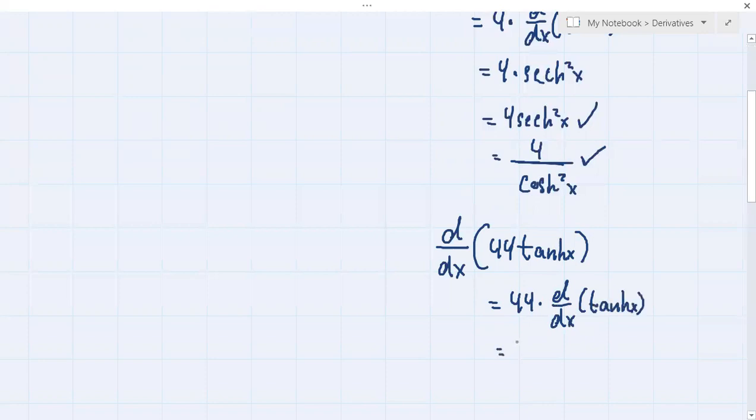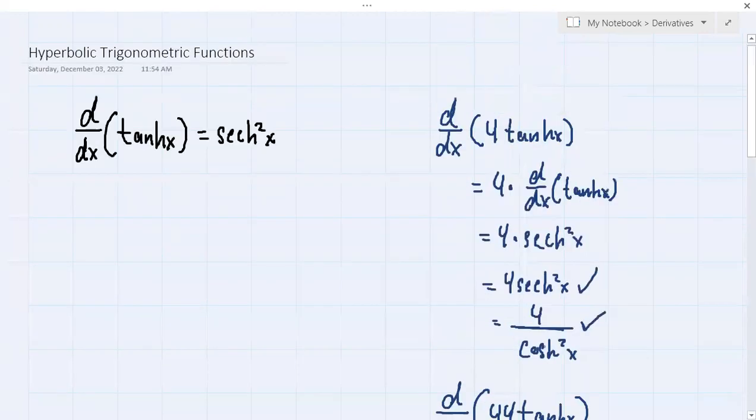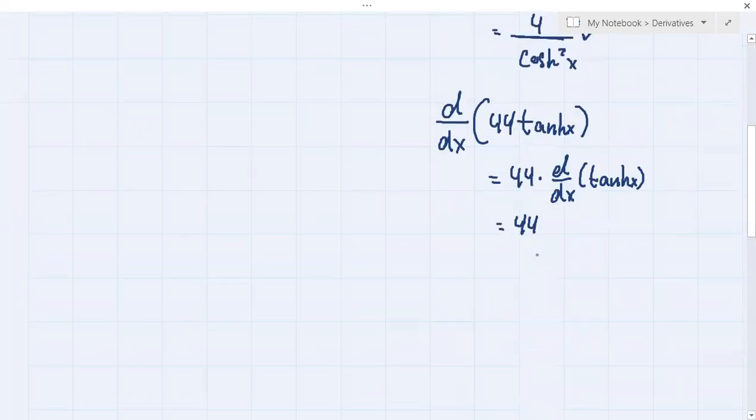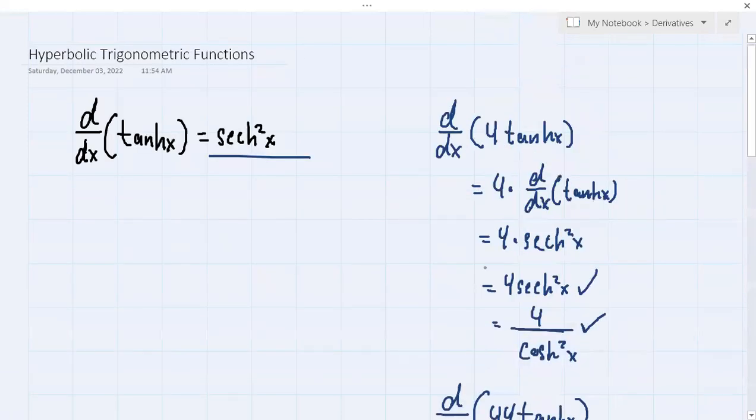Okay, so remember, derivative of tangent hx is secant h squared x. So, okay na to. Or you can have 44 all over cosine h squared x. So bottom line, derivative ng tangent x is secant h squared x.